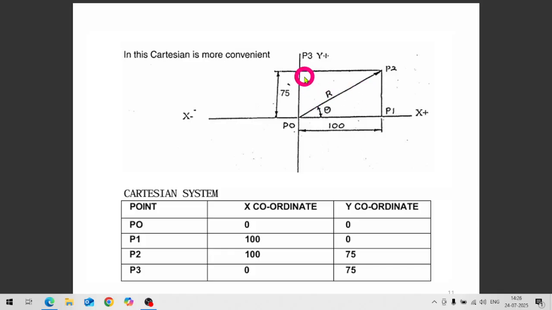Then for P3, what will be the coordinates? For P3, r is the length of the line 75, and theta is this total angle 90 degree. So r75 and angle is 90 degree. So this way we can define in Cartesian as well as polar.